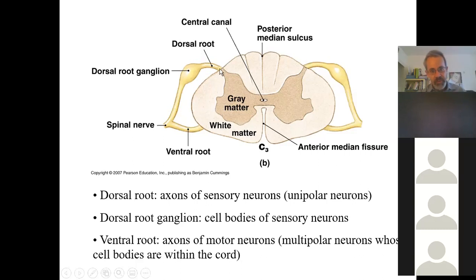That's just their shape. The dorsal root ganglion consists of cell bodies of those same sensory, or a similar term, the afferent nerves. The ventral root consists of motor nerves, as I mentioned before, which are multipolar. So motor nerves are called multipolar based on their shape. Sensory neurons are called unipolar because of their shape.